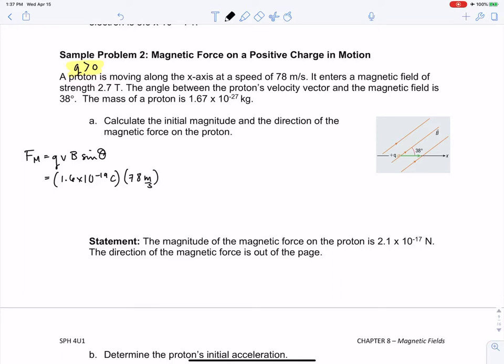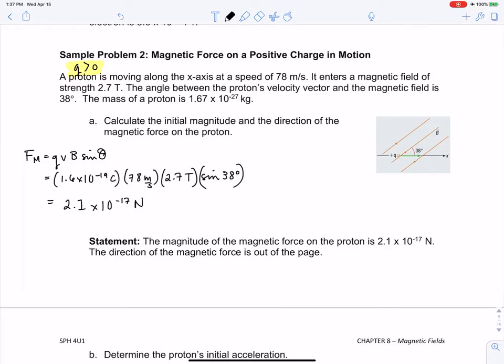That's given in the question. Magnetic field strength is 2.7 Tesla. The angle between velocity and magnetic field is 38 degrees. If we punch this in, we will get a magnitude of 2.1 times 10 to the power of negative 17 newtons. So we have the magnitude of the magnetic force.